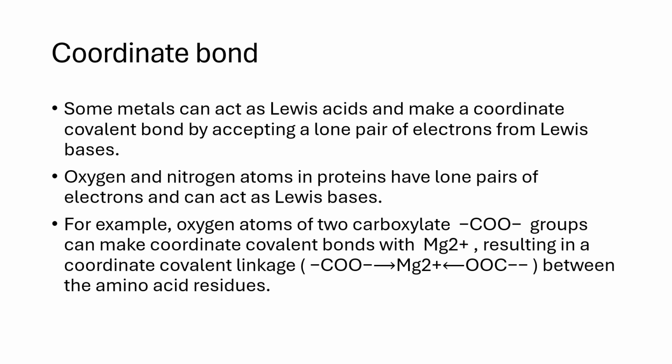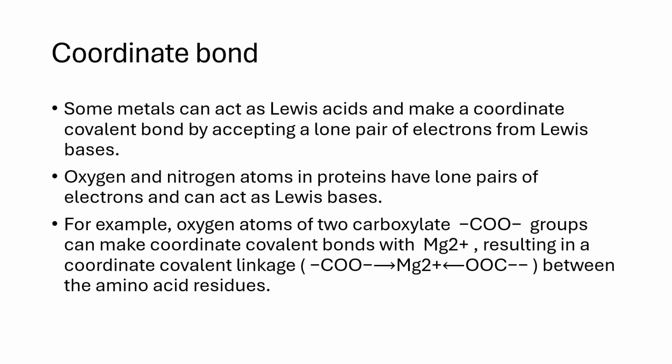Some metals can act as Lewis acids and make coordinate covalent bonds by accepting a lone pair of electrons from Lewis bases, right? Oxygen and nitrogen atoms in protein have lone pairs of electrons that can act as Lewis bases.